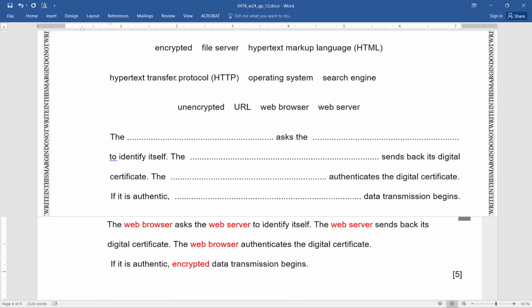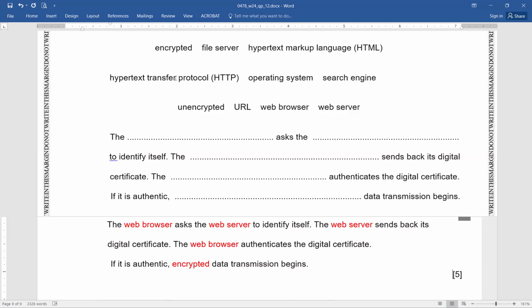And you can see web browser and web server are used. Web browser is used twice, web server is used twice. So this is why they had mentioned that some of the terms might be used more than once. Be very clear. It's the web browser that is asking, in SSL, the web server to authenticate itself.